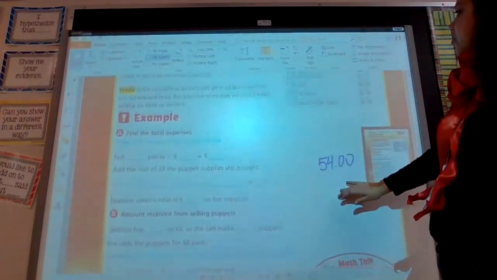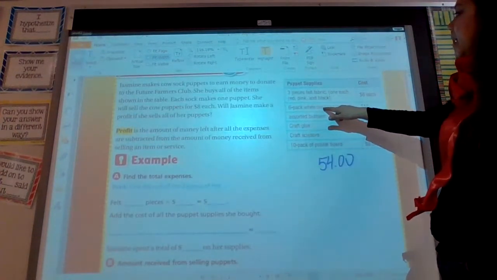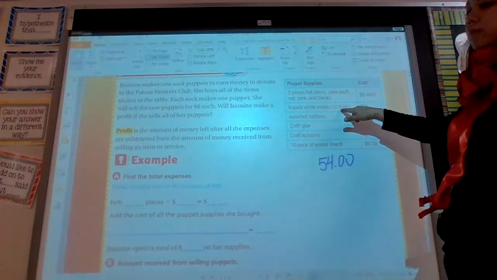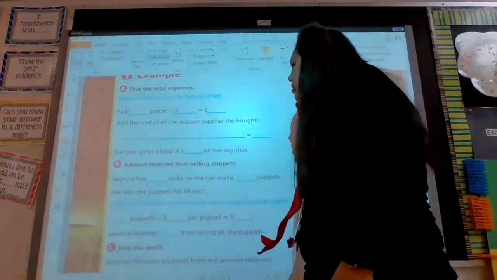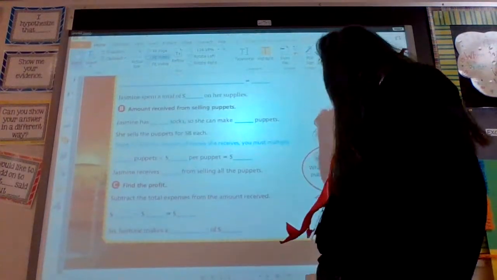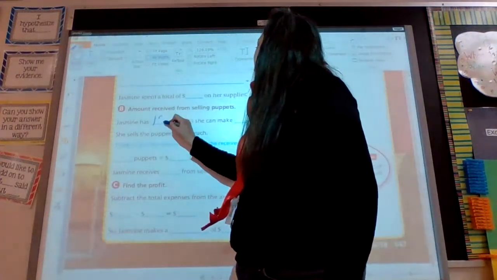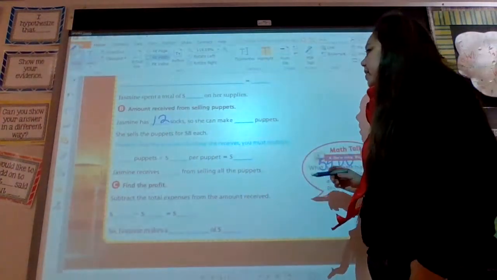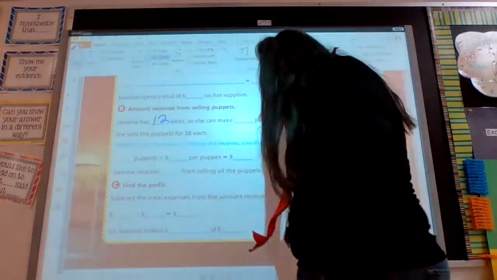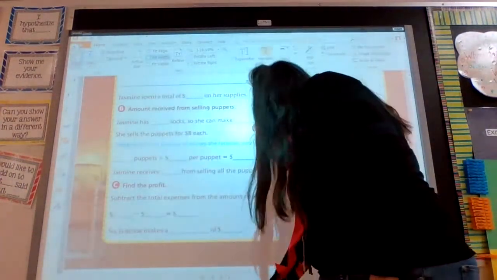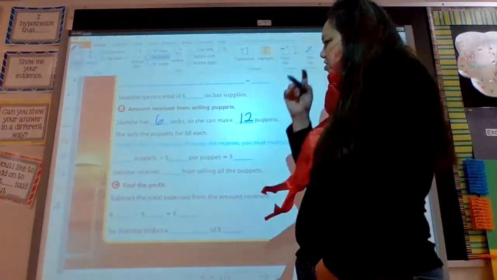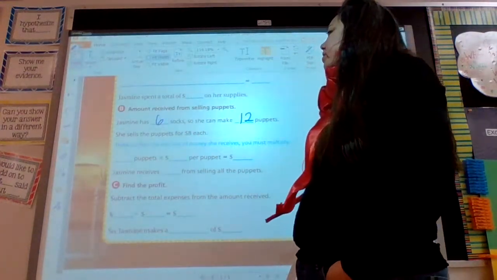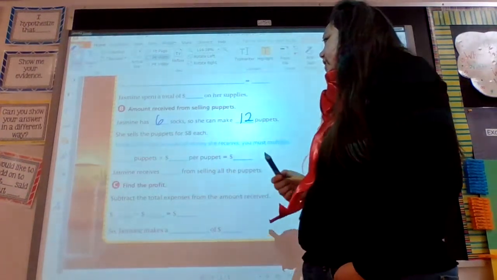So let's go down here and see. Jasmine has how many socks? Well, she bought a 6-pack of white socks, which gives me a total of 12. So she has a total of 12 socks. So she can make 12 puppets, 6 pairs. They should say pairs there. She sells the puppets for $8 each.